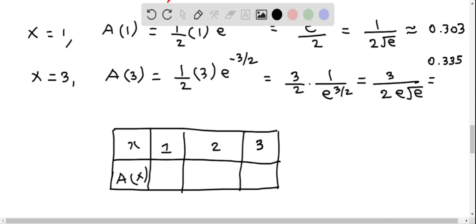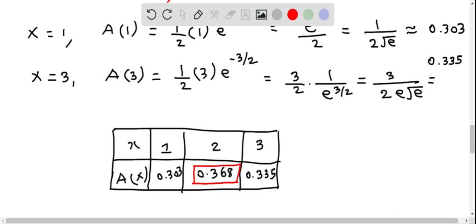When x equals 1, it is 0.303, and when x equals 2, the area is 0.368, and when x equals 3, it is 0.335, which means out of these three values, this is the maximum.